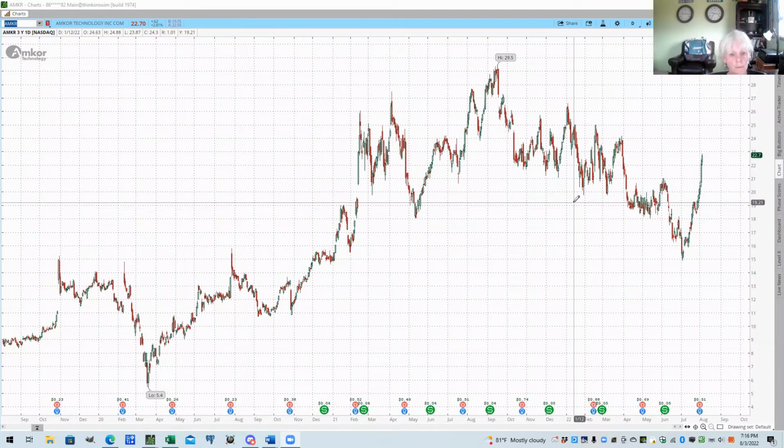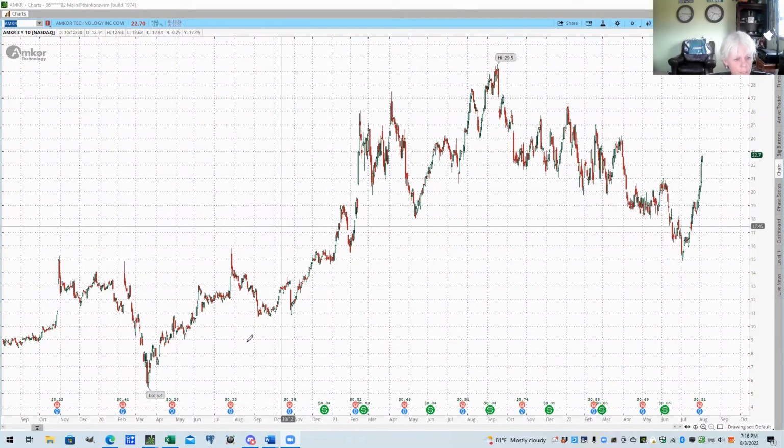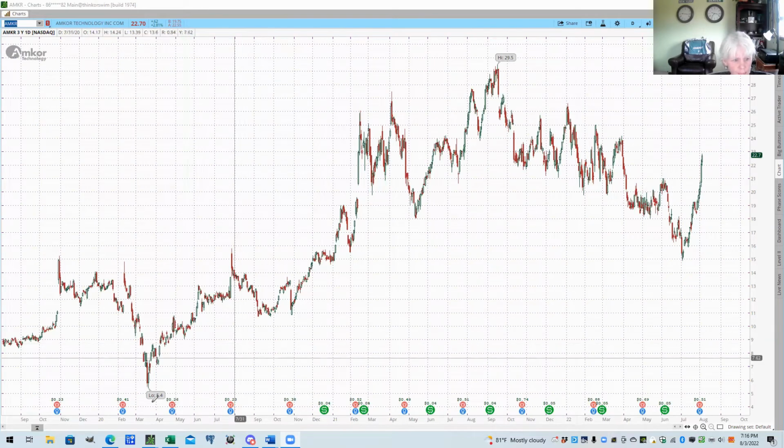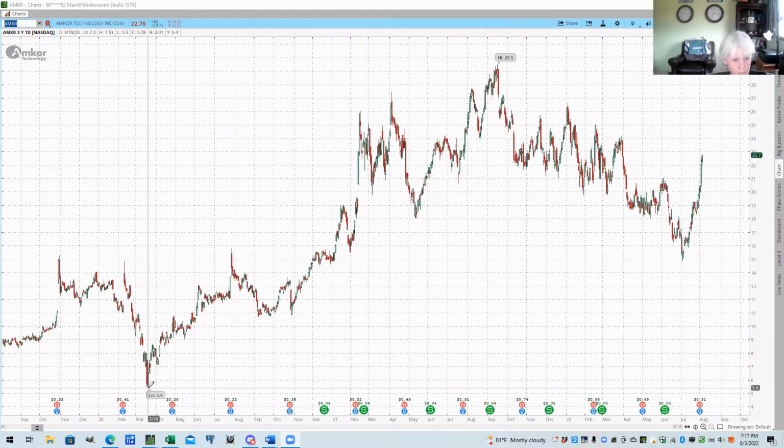This is how I look at the chart to begin with, very simply, nothing on it. I go back anywhere 2 to 3 years and try to find the lowest point to begin. Right here we had quite the decline, down here at 5.4. So that's my beginning.